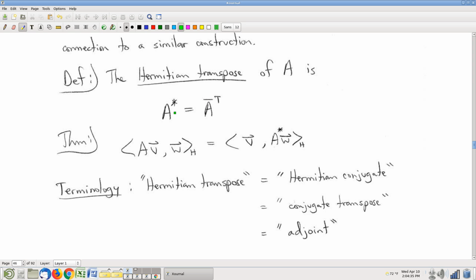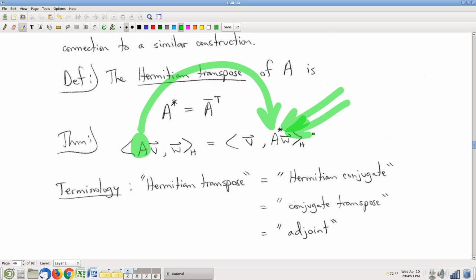And when I say that it dovetails with the Hermitian dot product, what I mean is, just like in the real case, if you have a matrix factor on the left in a Hermitian dot product, you can put it over to the right if you Hermitian transpose the matrix. Okay.